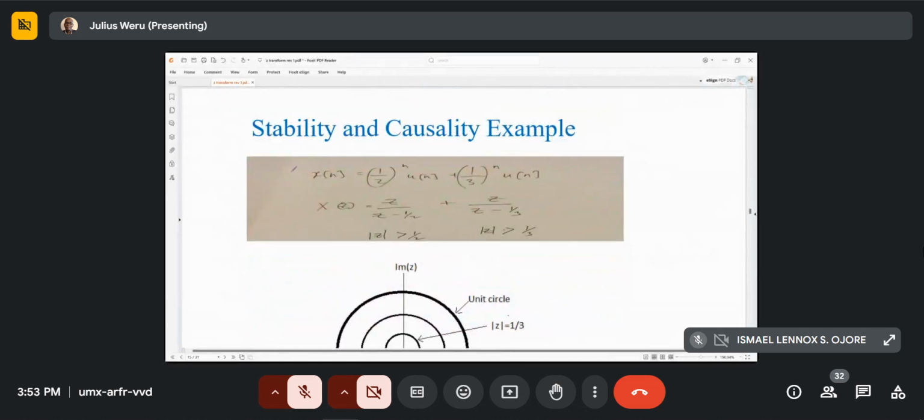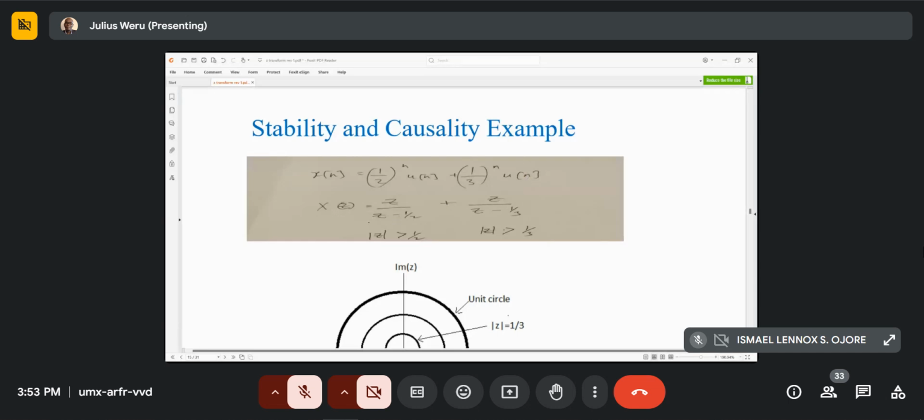So for causality and stability, here we're just having an example. You have x of n equal to a half to the power of n, u of n, plus a third to the power of n, u of n.